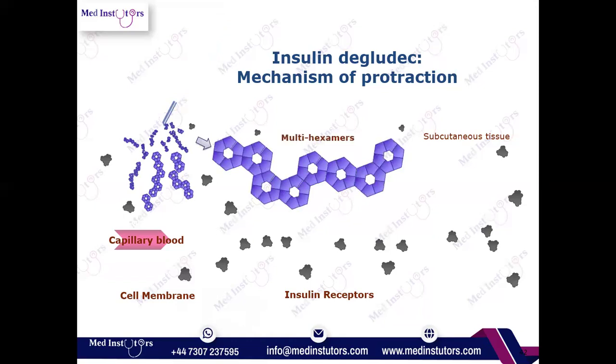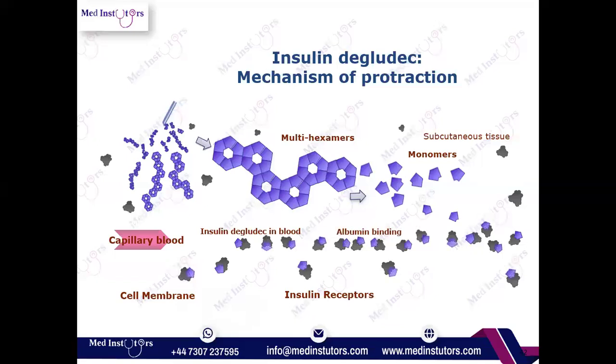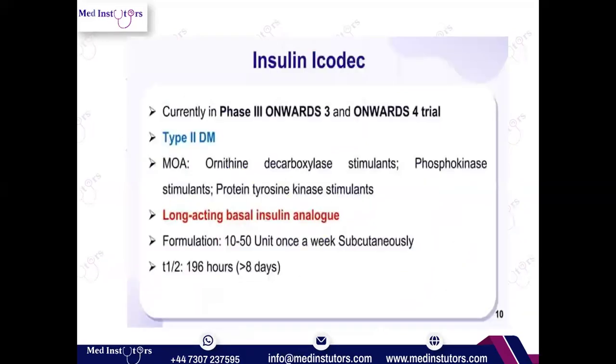Later on they get released into the capillary blood, where they get bound to the albumins, and get transported through the blood as albumin bound insulin degludec. When they reach the insulin receptors, the insulin is released from the albumin. It binds to the insulin receptors in the cell membranes of the target organs, and the action happens.